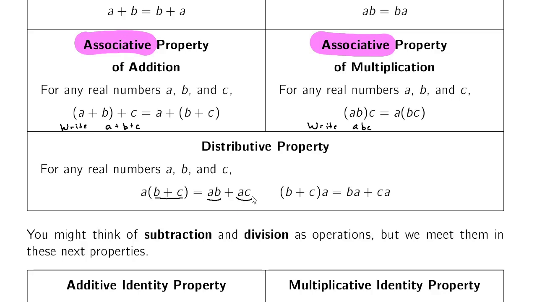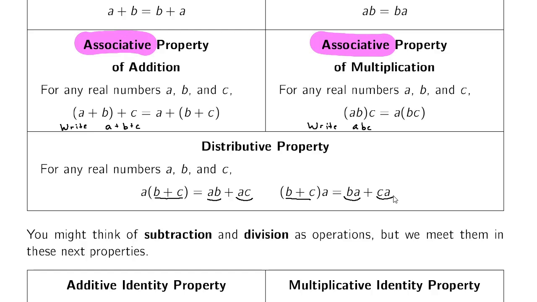And this might go without saying because multiplication is commutative, but we'll also mention that we can distribute from the right. If we have a sum times some number a, that's the first number times a plus the second number times a.